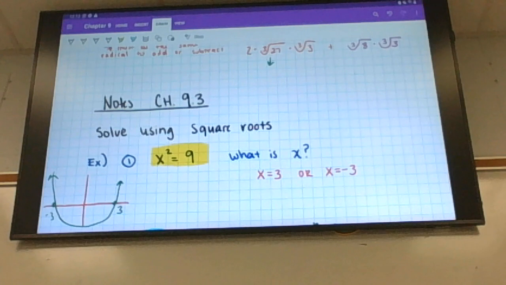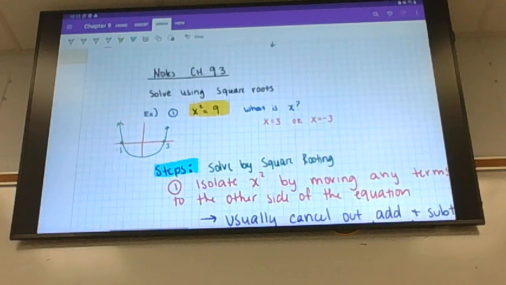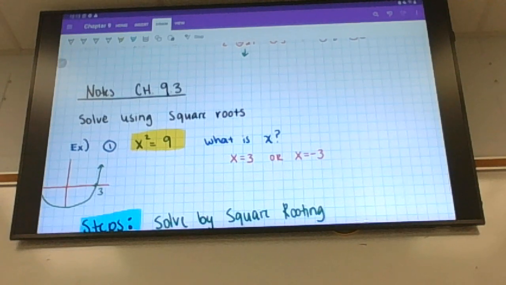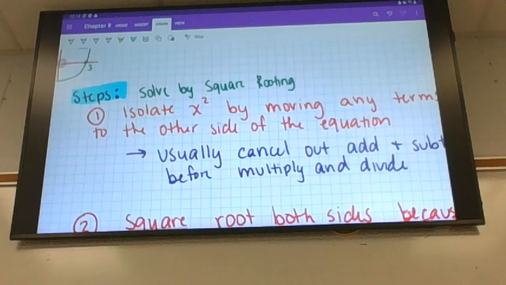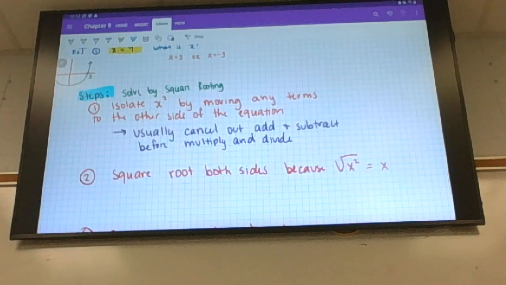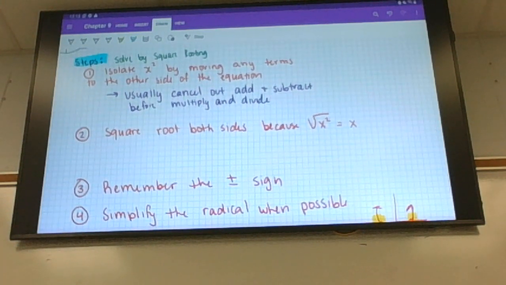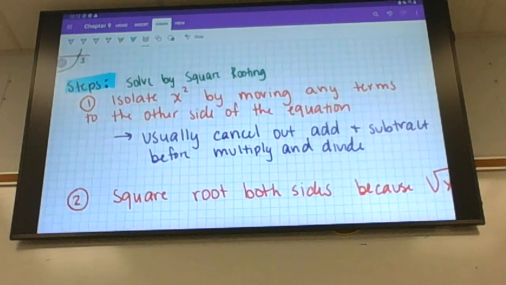So there is a process to figuring out x. Here's your step. Wow, 4 steps. I'm going to rewrite this as you write it to make it more neat.